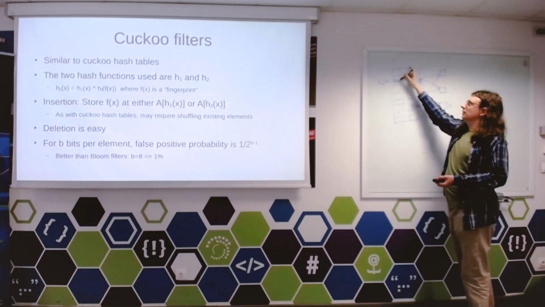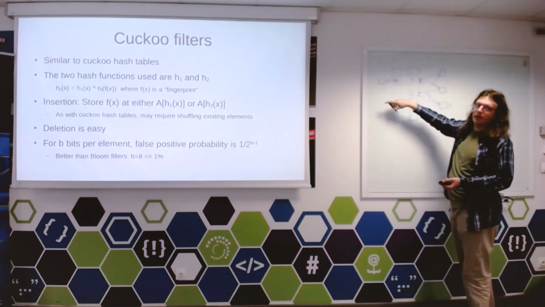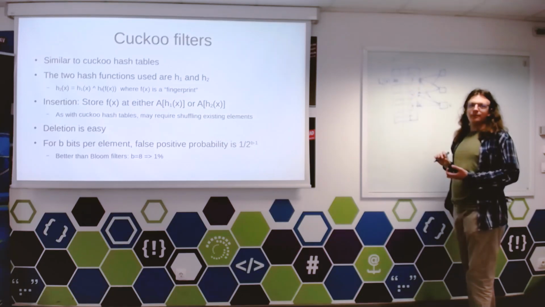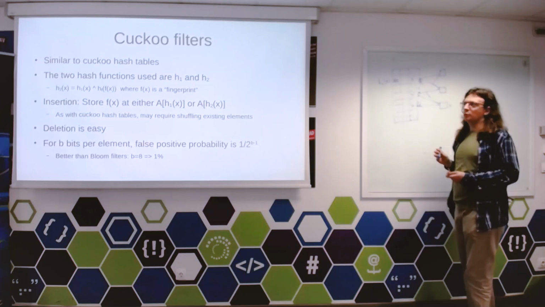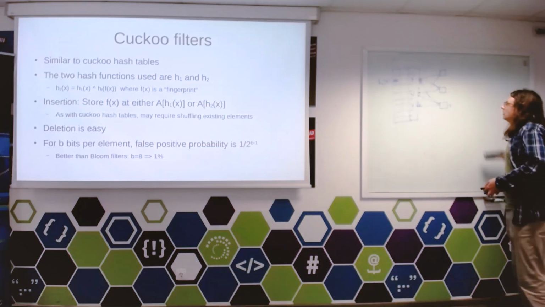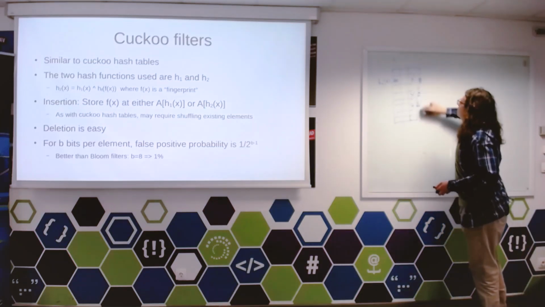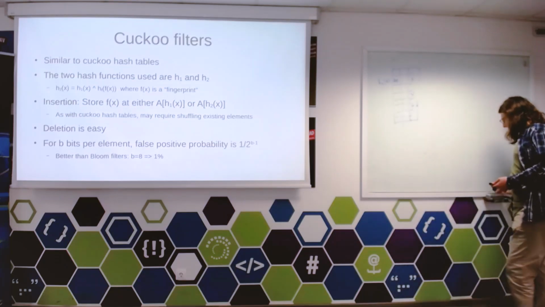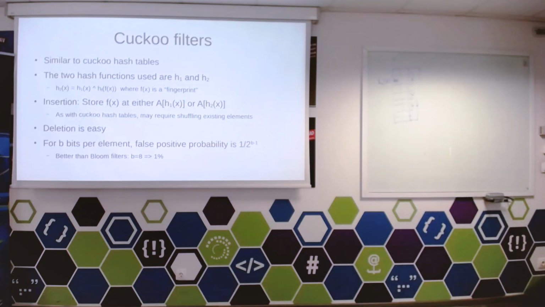So if we decide to kick this value out, we can immediately find where its other place is, where it can be moved, without storing the full value, and obviously without any pointers, we just store fingerprints. Deletion is easy. We just find where we store the fingerprint, which is in either of these, and remove it. Done.